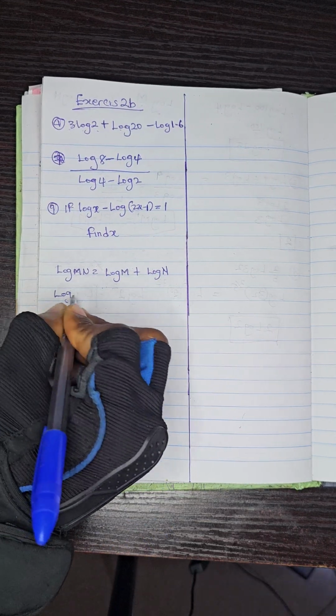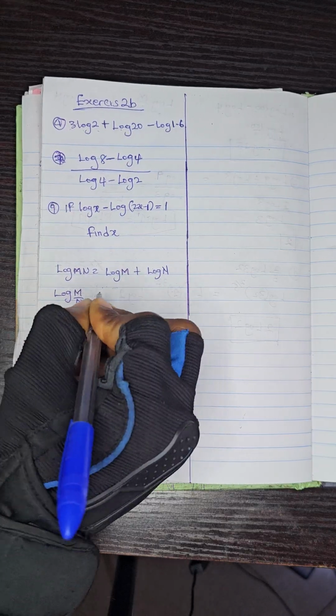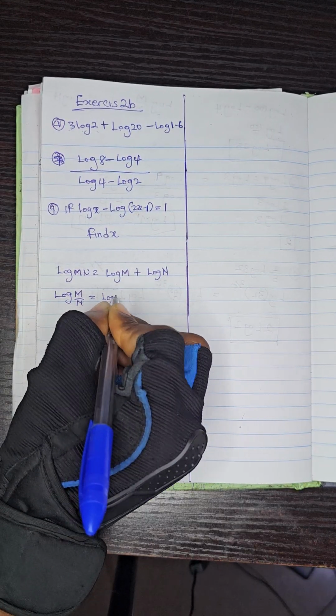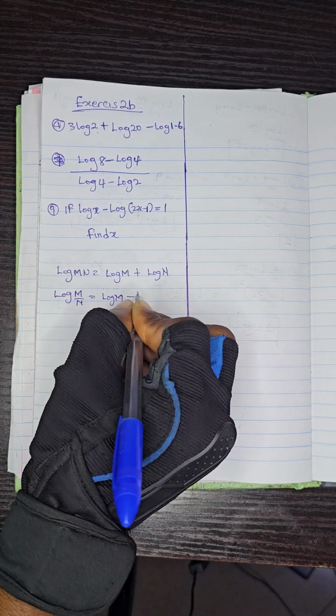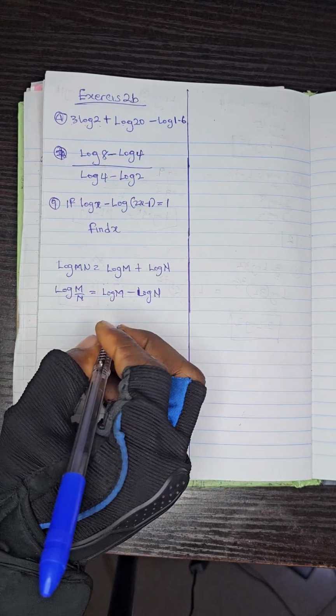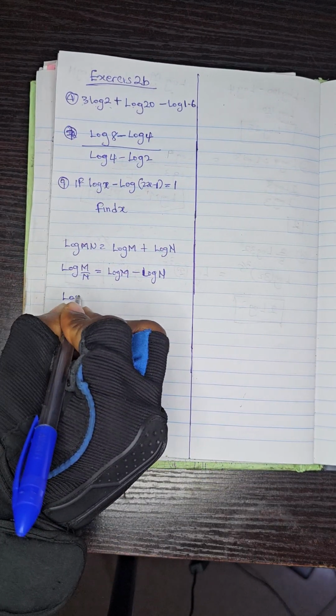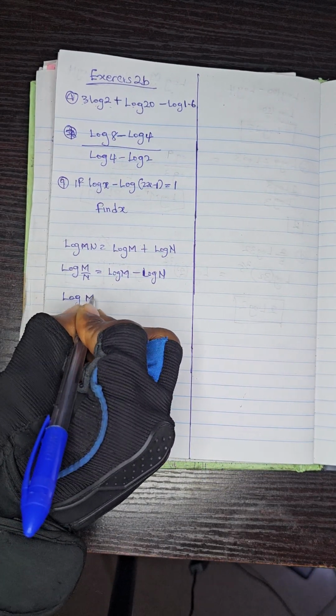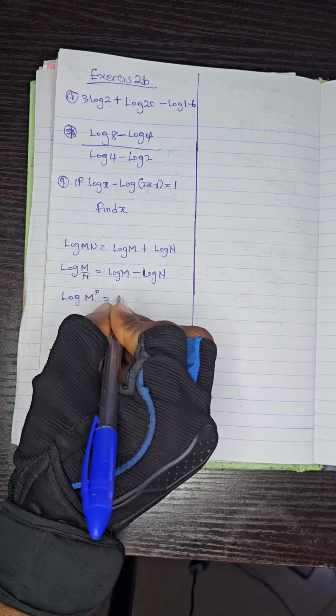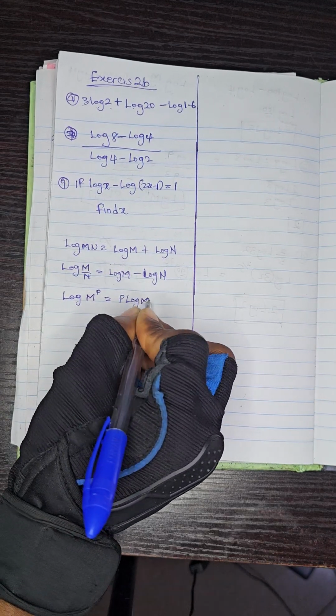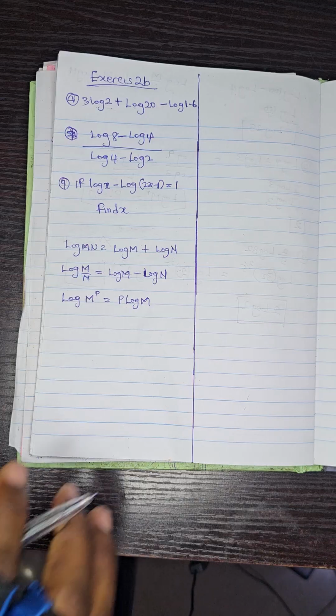Second one, log m over n is log m minus log n. Third one, log m raised to power p is p log m. All of them are here. That's how I have to list it out.